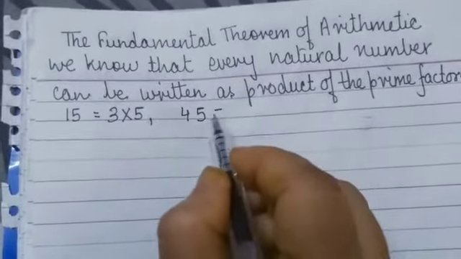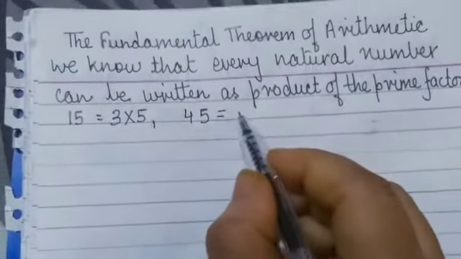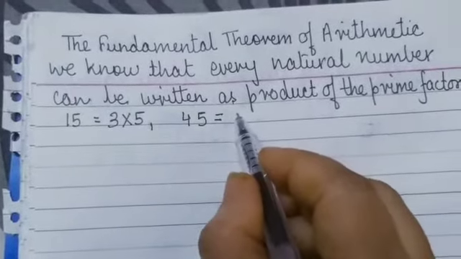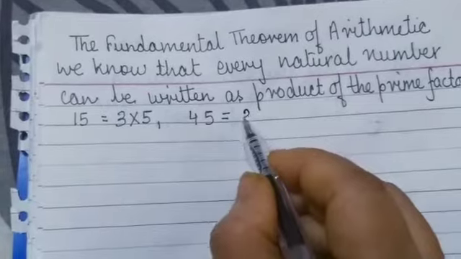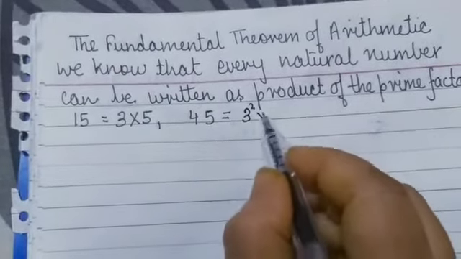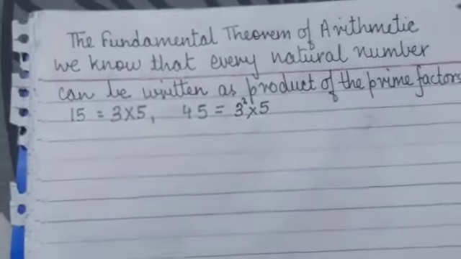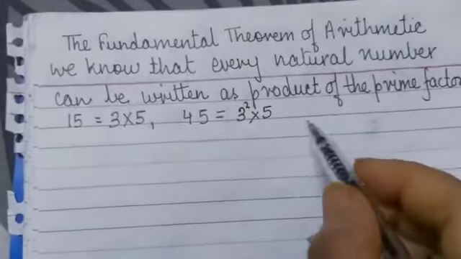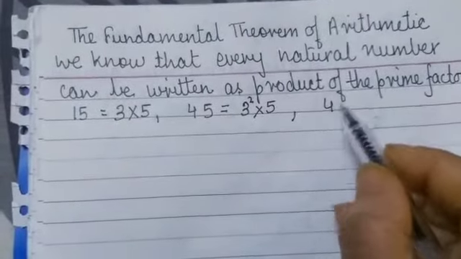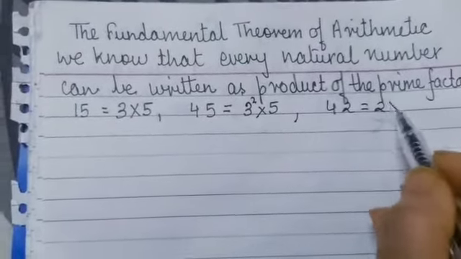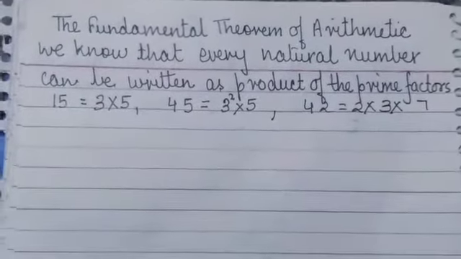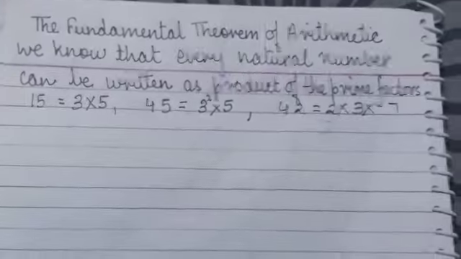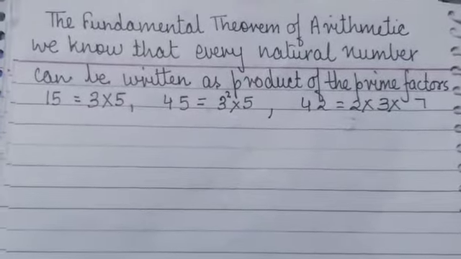How can I write 45? 9 fives are 45, so it is 3 into 3 into 5. 3 3s are 9, 9 5s is 45. If I write 42, it is 2 into 3 into 7. So they are all written as the product of prime factors.